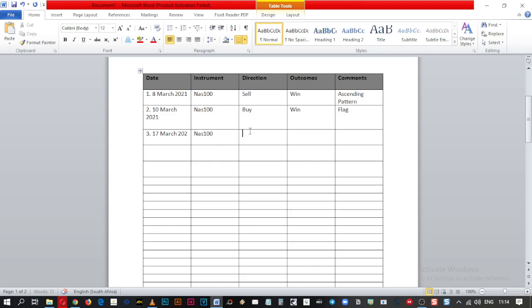Nas100. We were on a buy, and then we took our only loss. It was a triangle pattern.